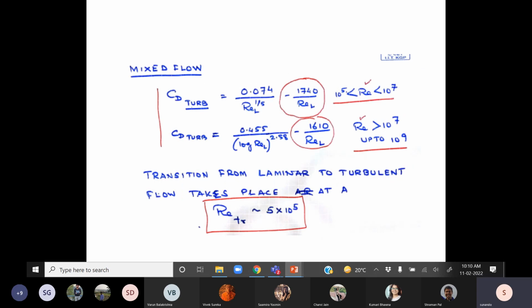Coming back to the one which we were discussing so far but did not address, and also in the last class there's a problem where I said that the flow may not be turbulent from the very beginning. But I would like to point out here that in engineering calculations, we are mostly interested in the drag force, not the thickness of the boundary layer.